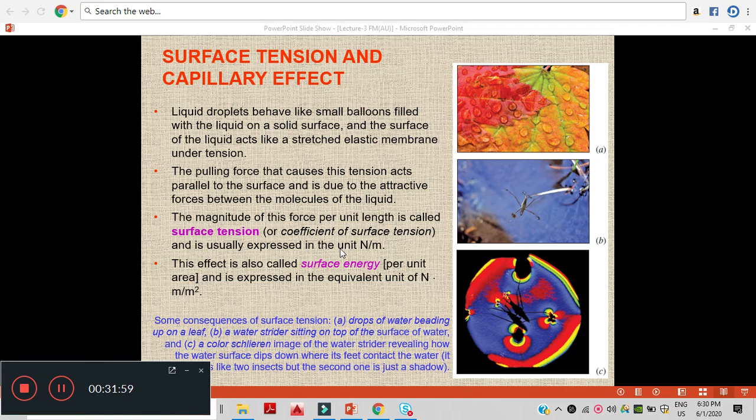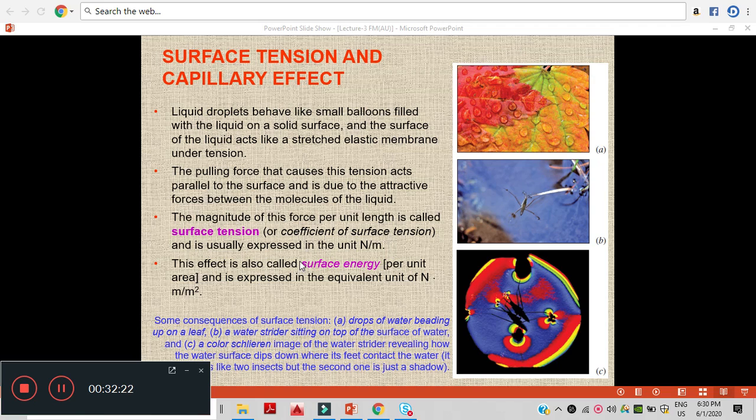What is surface tension basically? It is a pulling force that acts parallel to the surface, and it is due to the attractive force between the molecules of the liquid. The magnitude of this force per unit length is called surface tension, and it is measured in Newton per meter.